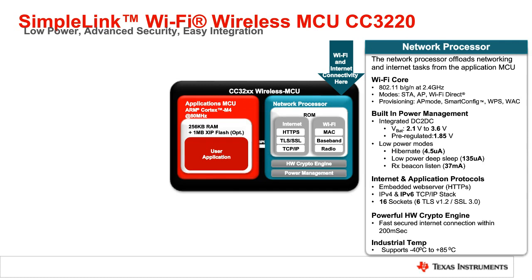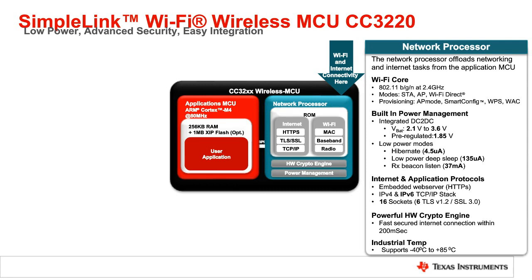It has integrated built-in power management with an integrated DC-to-DC to support direct battery connection. It will take an input voltage supply from 2.1 to 3.6 volts or pre-regulated 1.85. It also has the low power modes, which are actually leveraged heavily in order to implement various profiles.